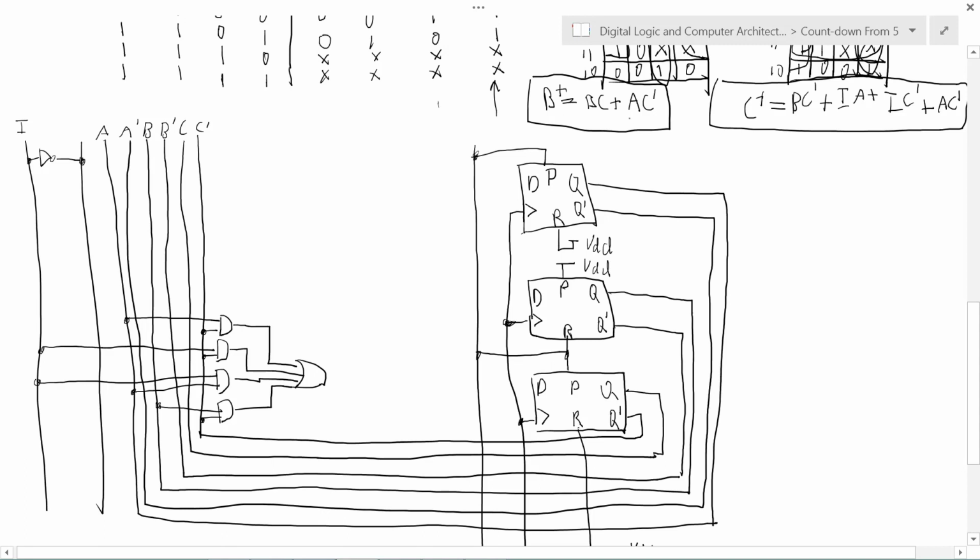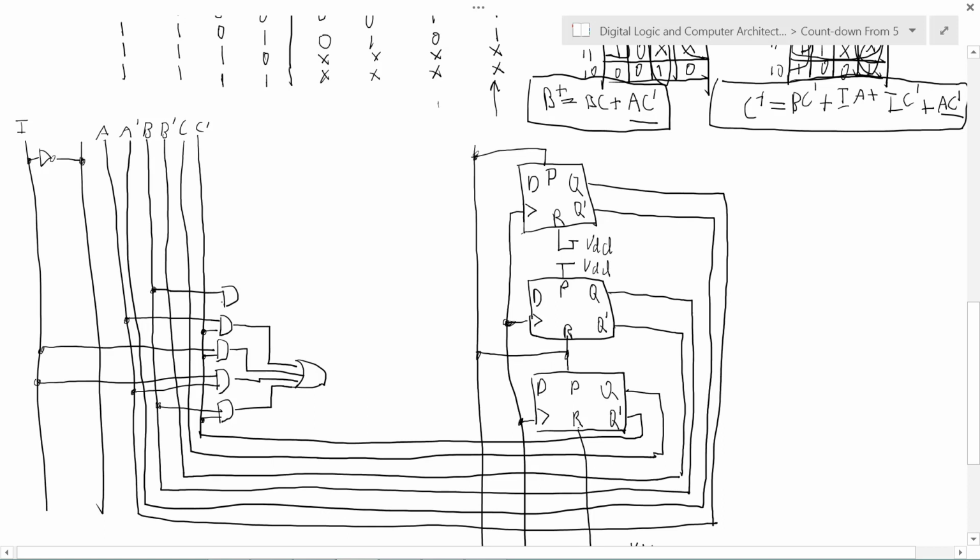What about B+? Recall that notice that we have a C prime in B plus and an A C prime term in C plus. We can share this. Let's draw the BC term first.